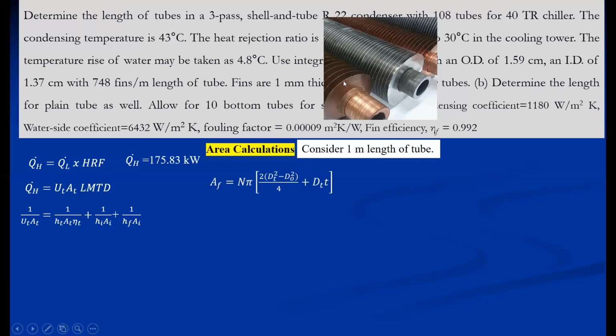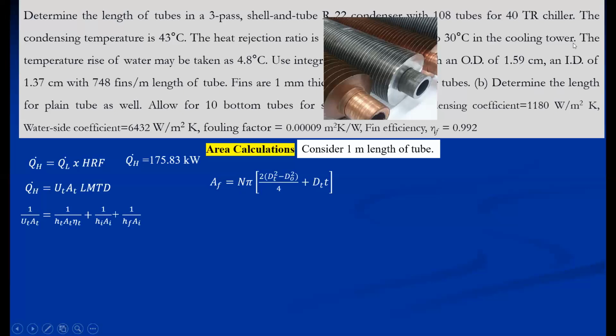And also the thickness is 1 mm. So the outer surface is pi D L, that is the circumference area. So this thickness is t, that is 1 mm, and that is pi Dt t. So this is for one fin. The number of fins in 1 meter length is n. Now all these values are given. n is 748.